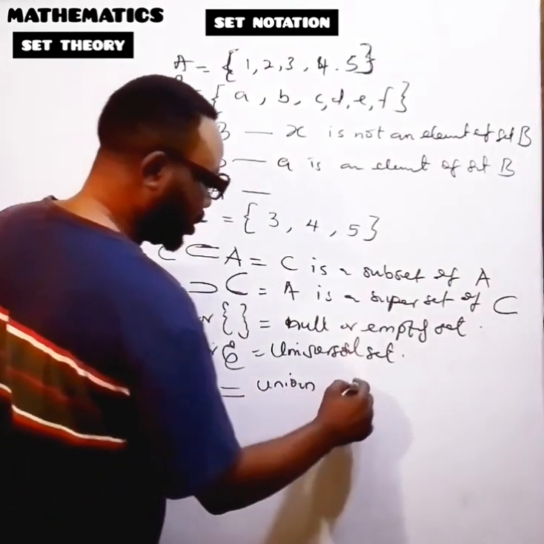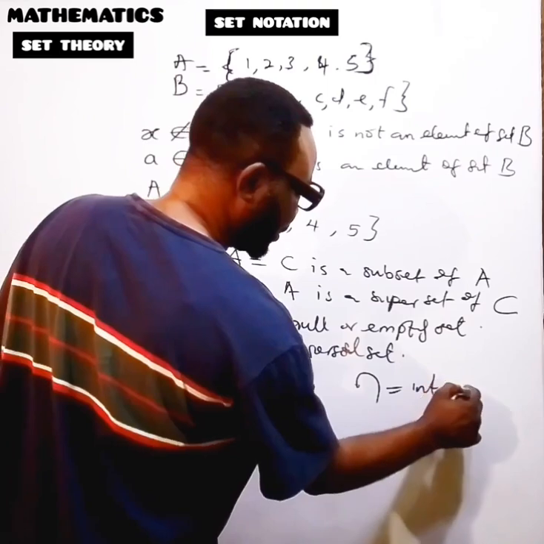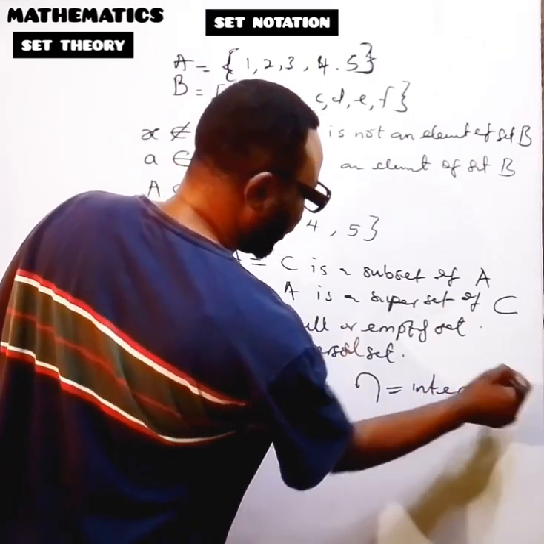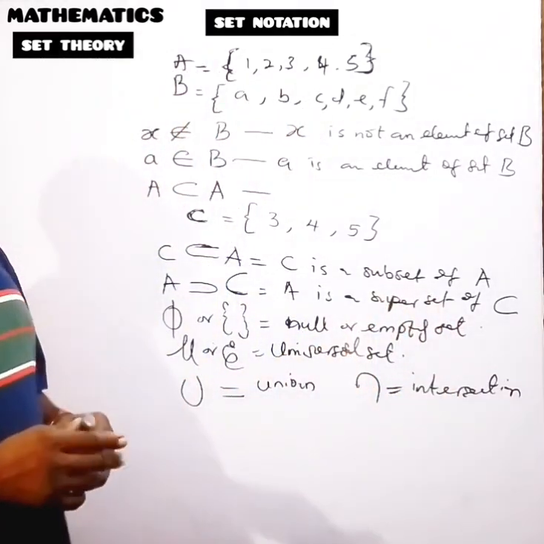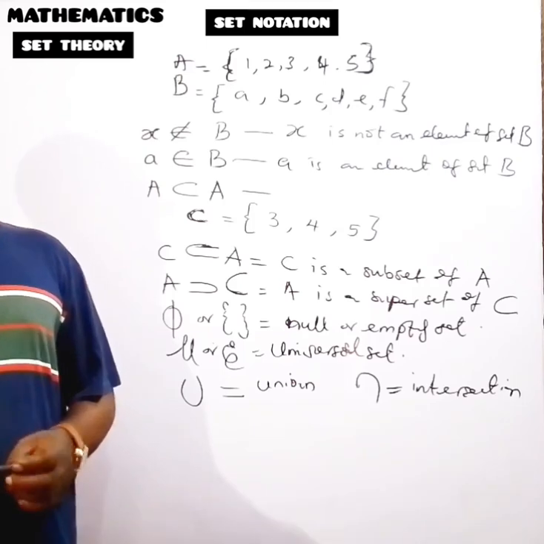We have what is called the intersection of sets. Intersection of sets is what is common between the sets you are talking about.